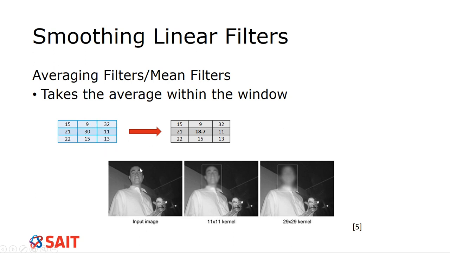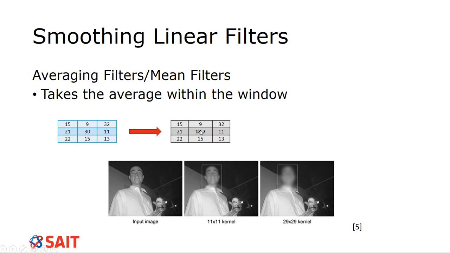I place my mean filter over top, a 3x3 filter, because I want to filter the middle number. I add up all three rows, including the center pixel, and divide by 9, and I get 18.7. That 18.7 is the new value of my image.